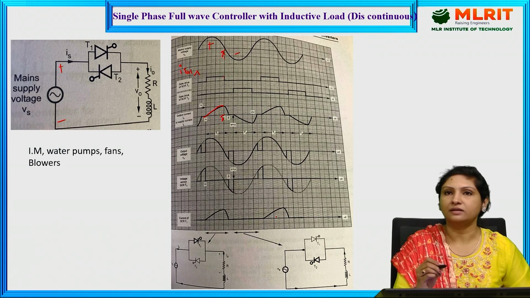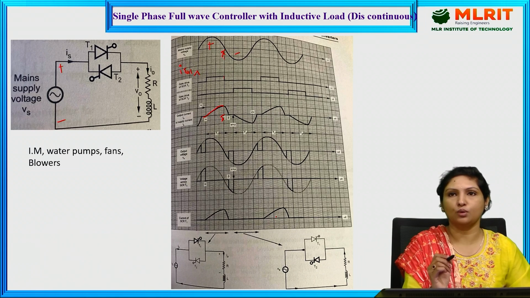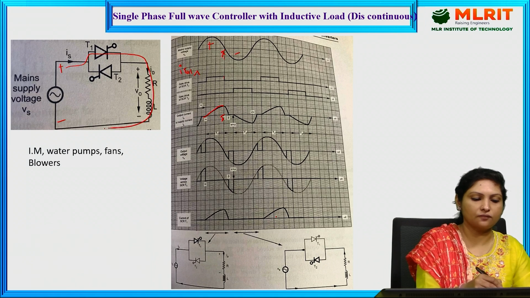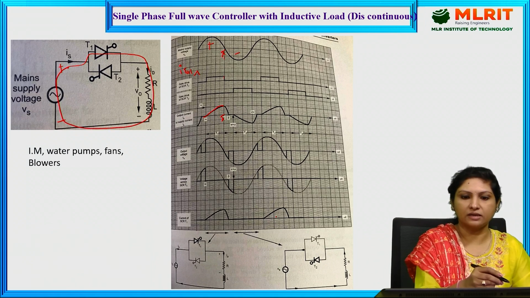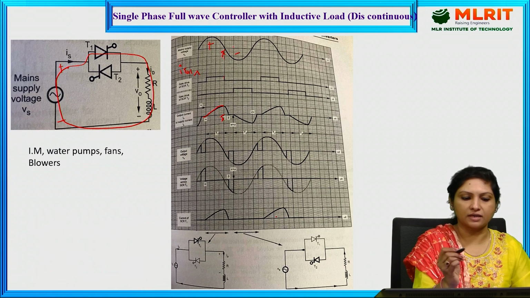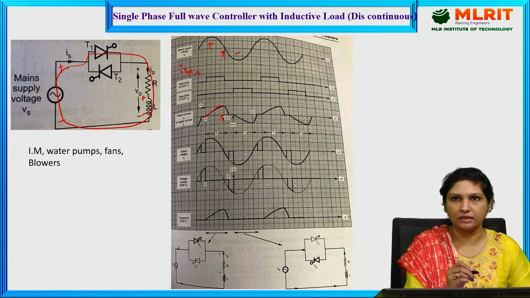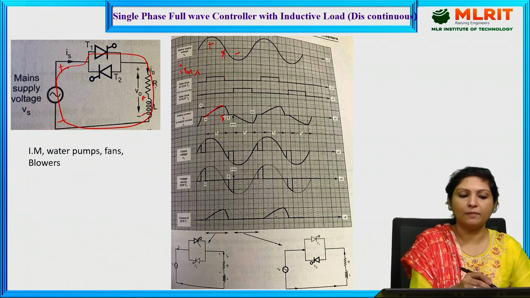But the thyristor T1 will not get turned off. The reason is the inductive load. When thyristor 1 is conducting current through the load, this is the direction of current flow. While the thyristor is conducting during the positive half cycle till pi, the inductor stores a certain amount of energy, and according to Lenz's law, it tries to maintain the current flow in the same direction.